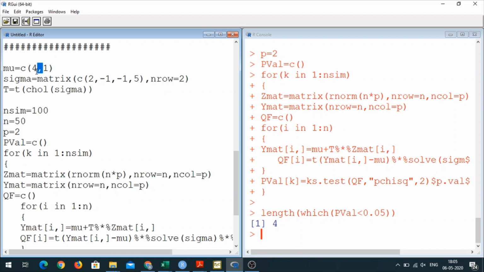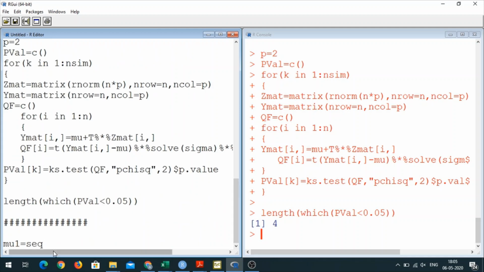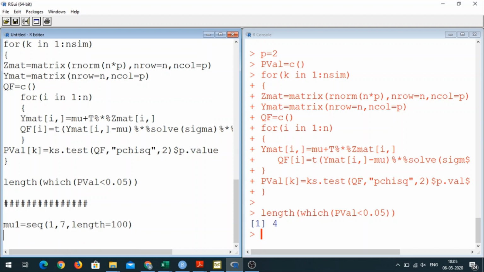So let me take mu1 from 1 to 7 and length equal to, let me say, 100. Mu2 let me take from minus 2 to plus 4 and length again 100. Okay.